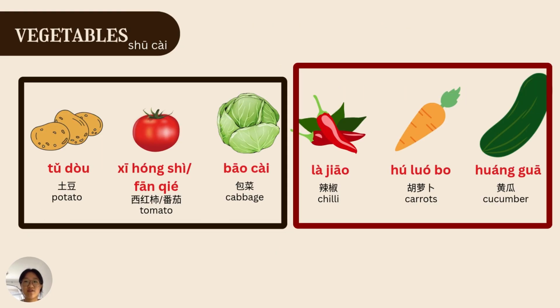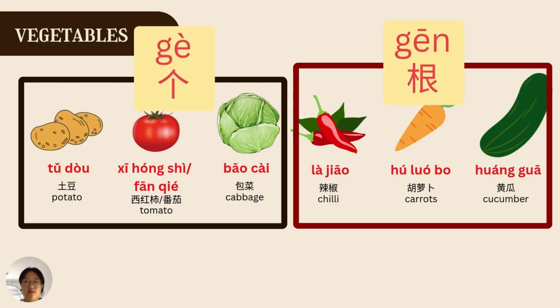On this page, you can see that I have divided these vegetables into 2 groups. One group includes 土豆、西红柿 or 番茄、包菜. And another group includes 辣椒、胡萝卜、黄瓜. The reason I did so is because for the first group, we use the measure word 个, and for the other we use 根.